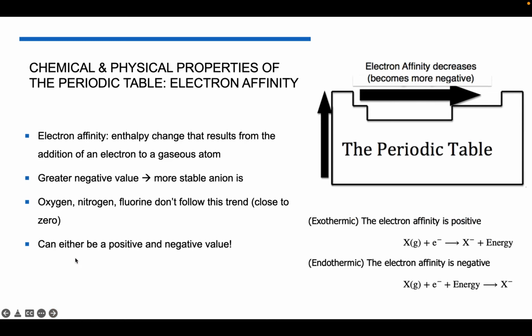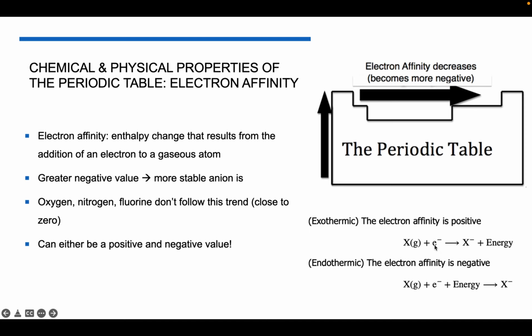Moving to electron affinity. Electron affinity is the enthalpy change, which you will also go over in Gen Chem 1, that results from the addition of an electron to a gaseous atom. What does that mean? Let's look at an example here. If your electron affinity is positive, you're going to need energy.